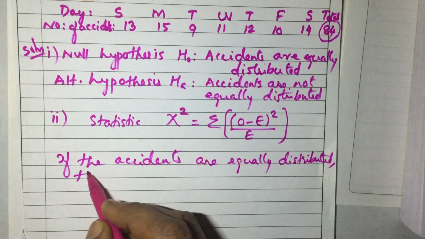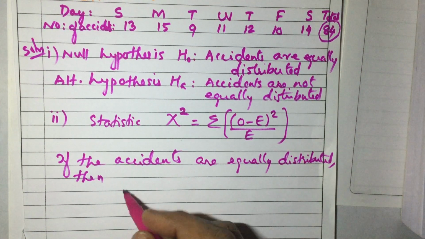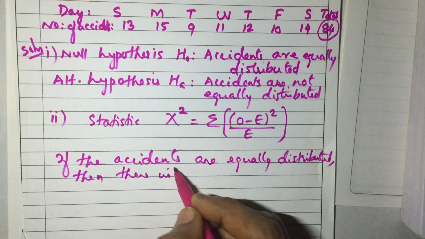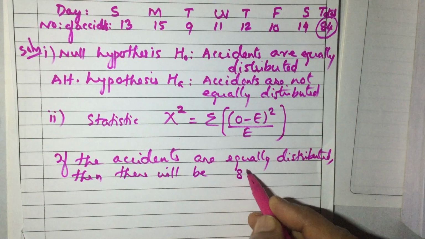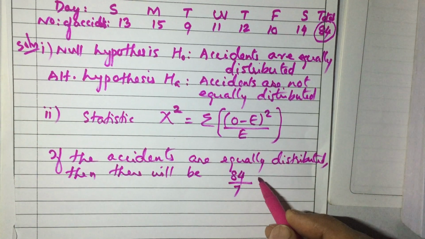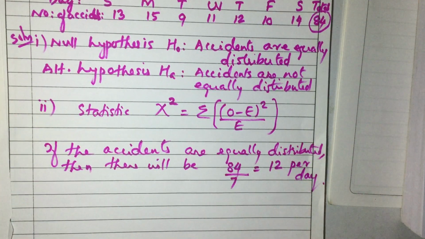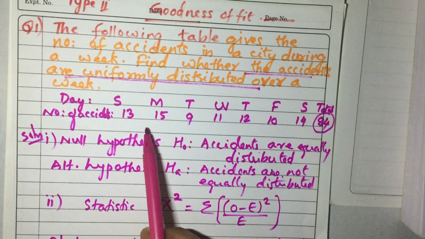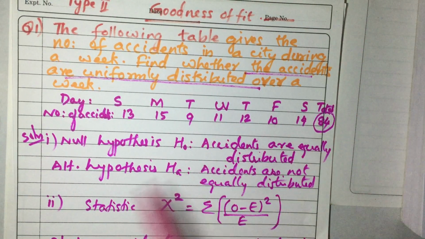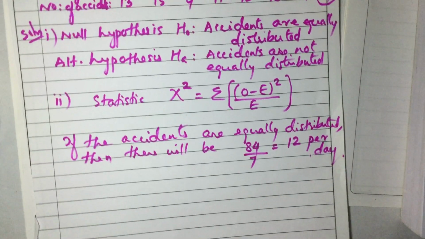Number of accidents in a day will be total 84 divided by 7, because there are 7 days in a week. That means 12 accidents per day if they are equally distributed. What is given is the observed frequency, and we expect 12 accidents per day.